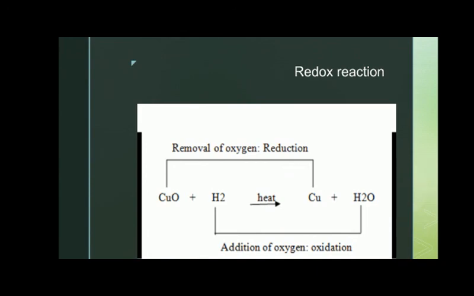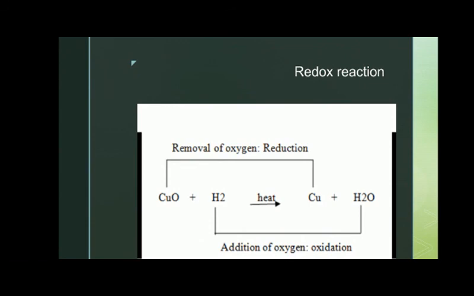The equation is CuO plus H2 in the presence of heat, meaning the reaction is carried out at high temperature. Then you can see on the product side, the right hand side, Cu plus H2O. It means you can clearly see that the oxygen which was present with CuO on the left hand side has been removed, and now it is added to hydrogen, that is H2.